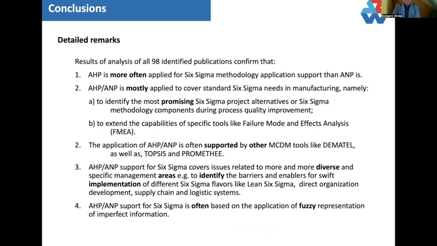I think that it isn't good for the transparency of analysis, as AHP-ANP already has an ordinal scale that deals with a kind of imperfect information. So in our opinion, it is unnecessary to apply fuzzy or other additional representations of imperfect information.